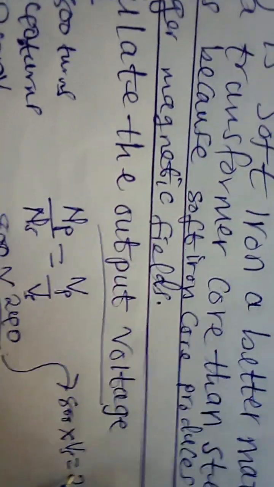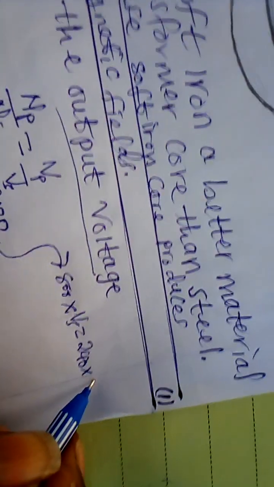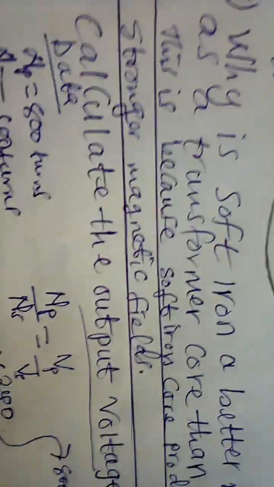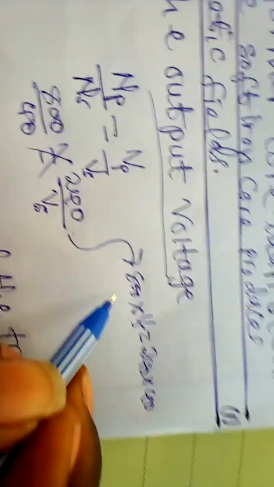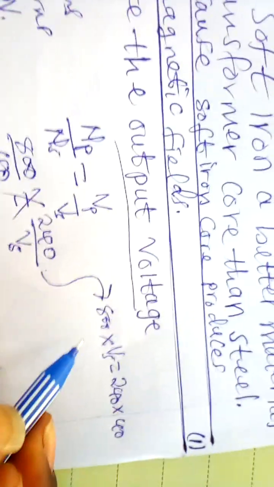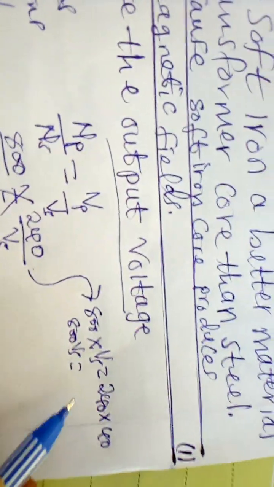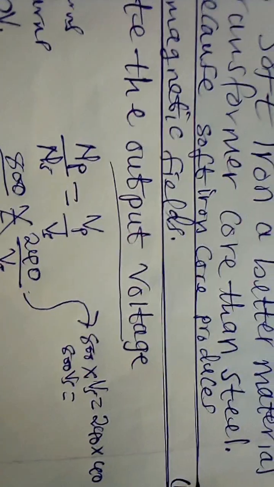So I'm going to have this side, 240 times 40. Then we say 800 times Vs, we are going to have 800 Vs, which is equal to 240 times 40.